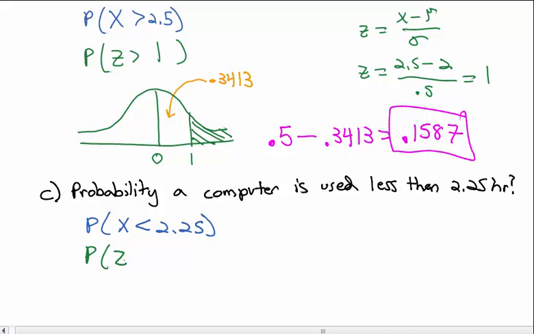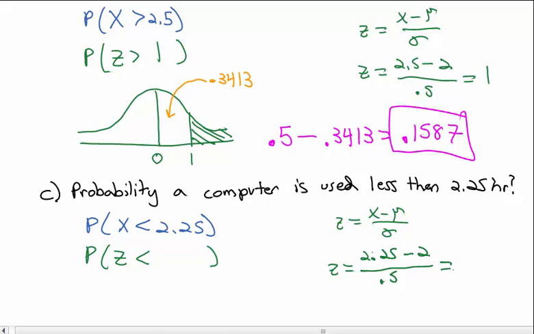We're going to convert that to a z less than something so we can use our table. Z is x minus mu divided by standard deviation. So the x was 2.25 minus mu, which was 2, divided by the standard deviation, which is 0.5. 2.25 minus 2 is 0.25, divided by 0.5 is 0.5. So we want z to be less than 0.5 standard deviations above the mean.